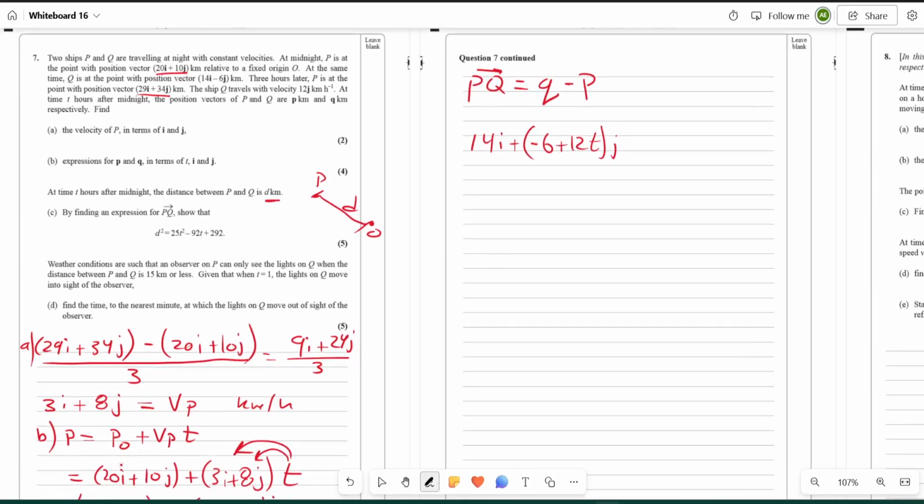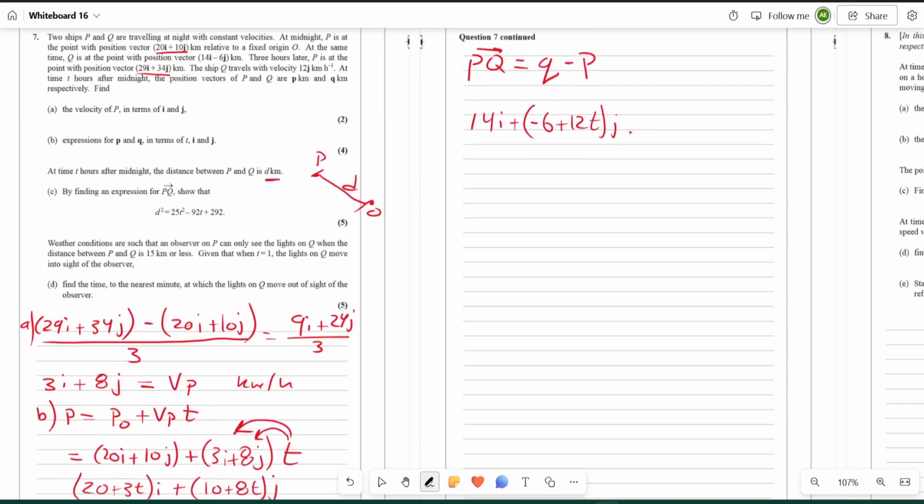And then vector P was this vector over here, which is (20 + 3t)i plus (10 + 8t)j. So let's subtract them together. This is a big minus. You have to subtract the whole of vector P, so you have to put it in brackets.